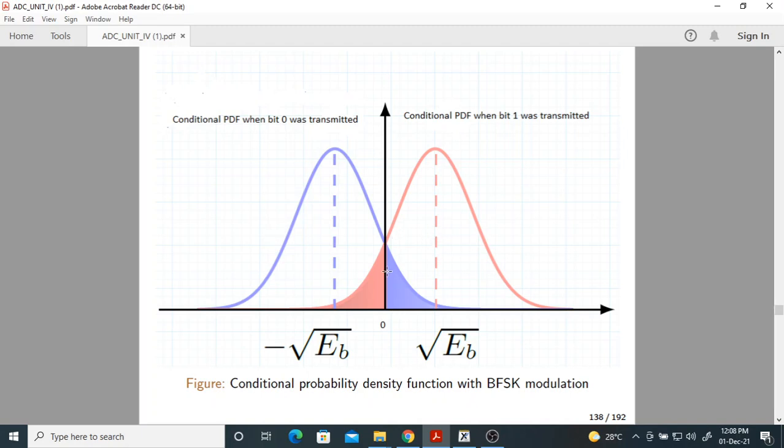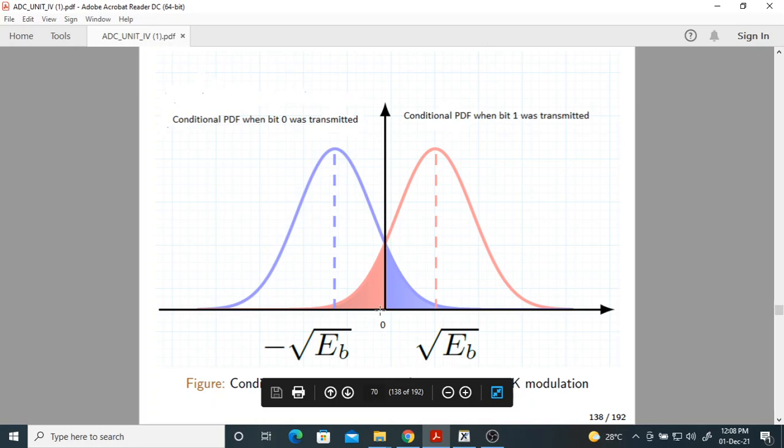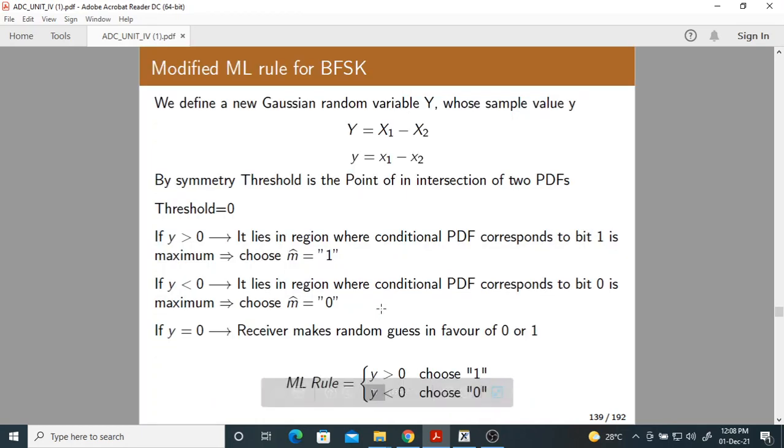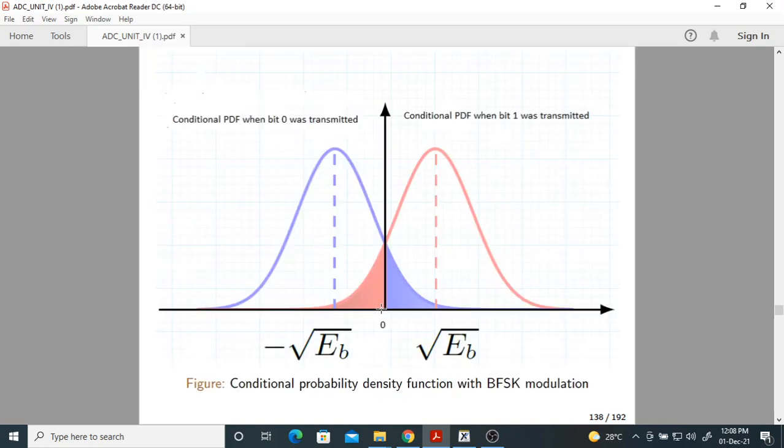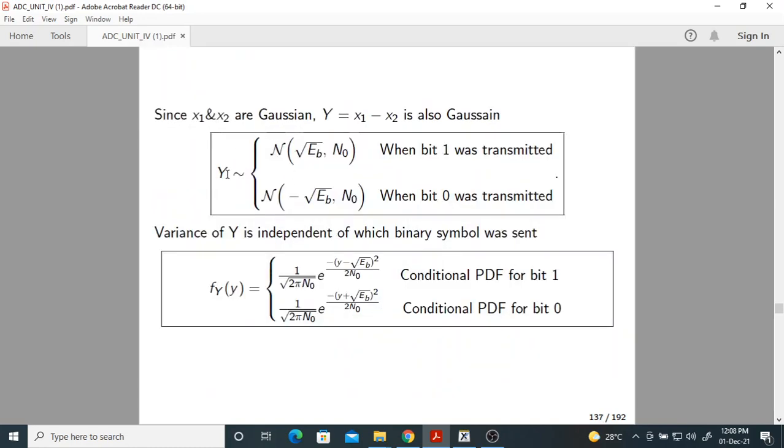While applying the ML rule, the threshold is the point of intersection of the two PDFs. By symmetry they intersect at 0, so we apply the ML rule to y, a new random variable, instead of x1 as in BPSK.